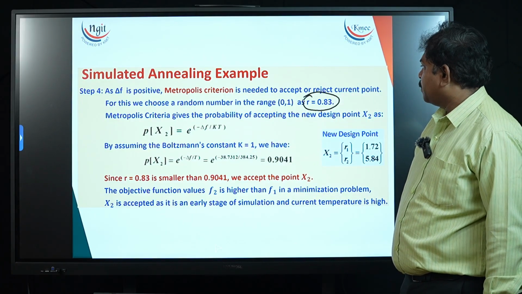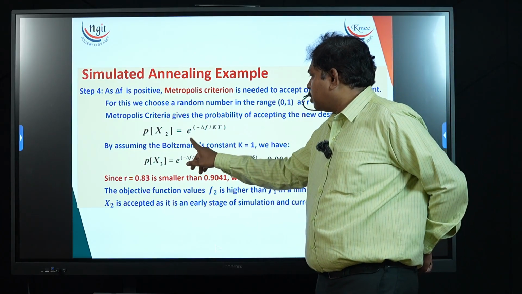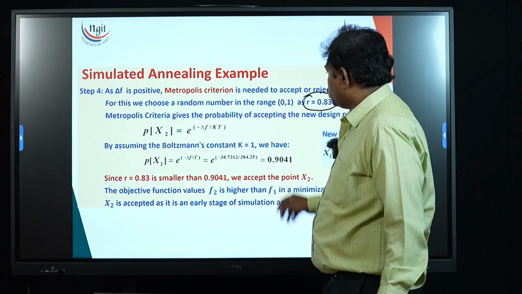This is the probability of accepting a new design, given as e power of the difference in your function outputs divided by kT.